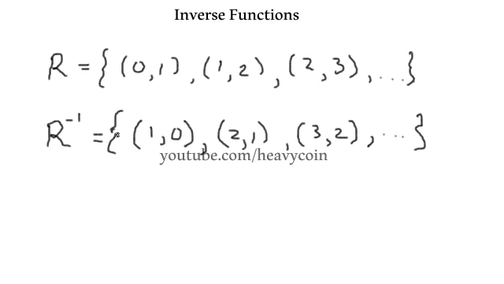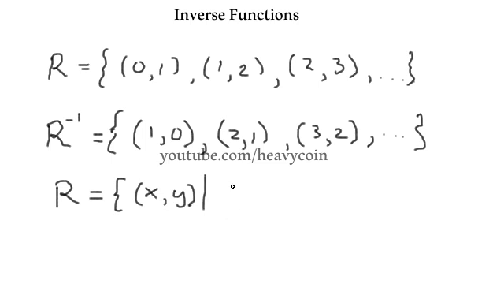Now, on a more general note, for example, we might label R. Now, this is just generally speaking here. So this would be x and this would be y.